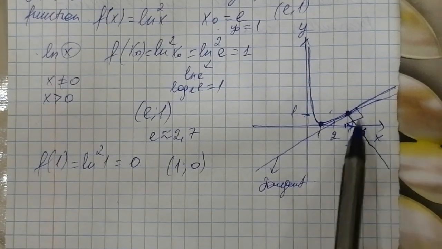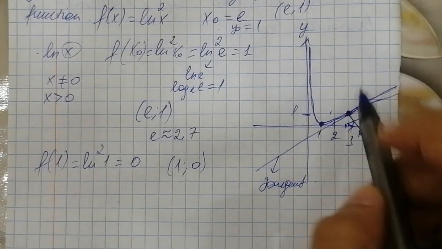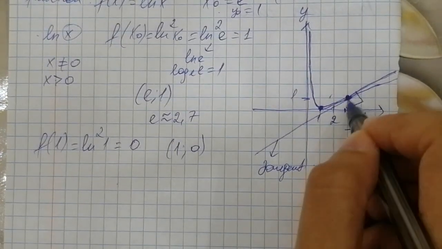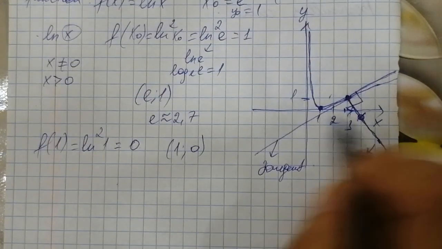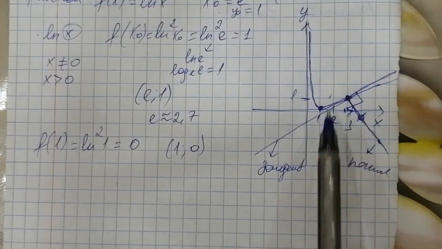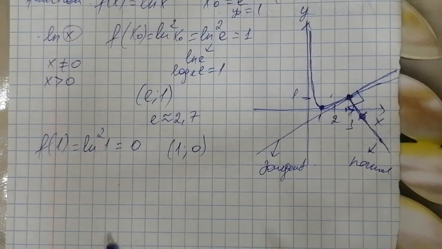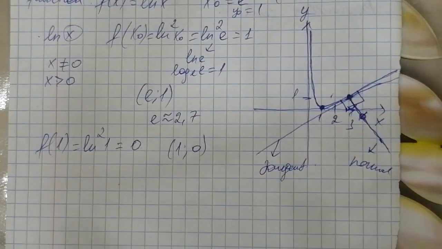At the point of tangency, we have to find this normal line. This is the normal line and this is the tangent line. You see that the tangent and normal lines are perpendicular to each other.